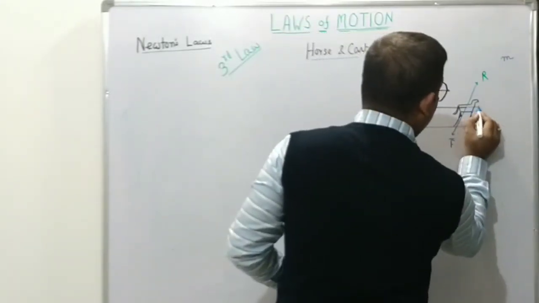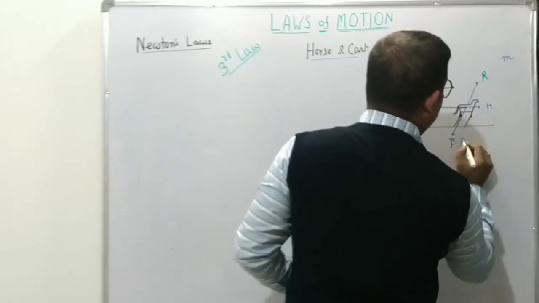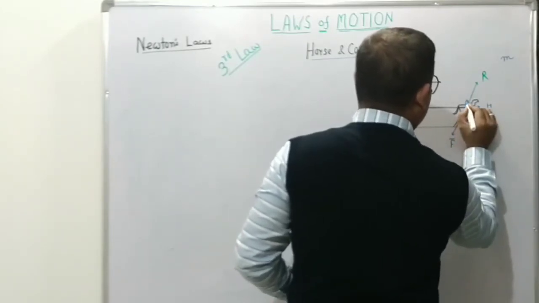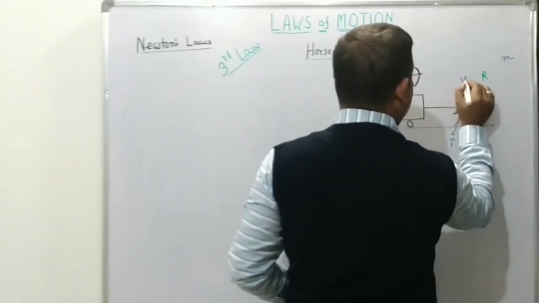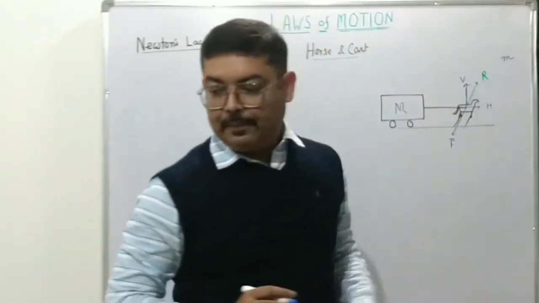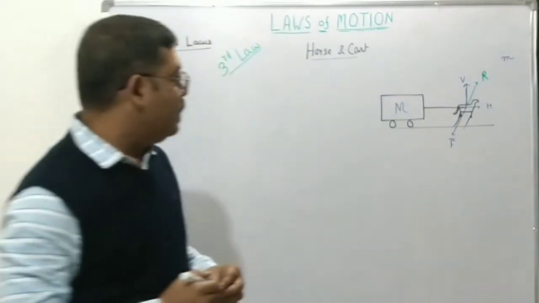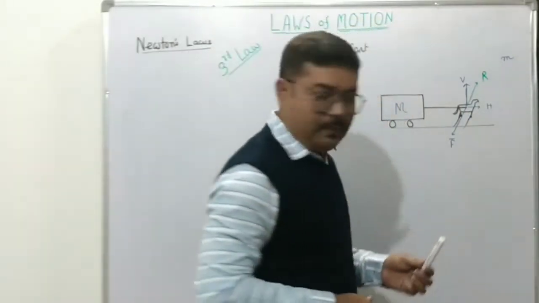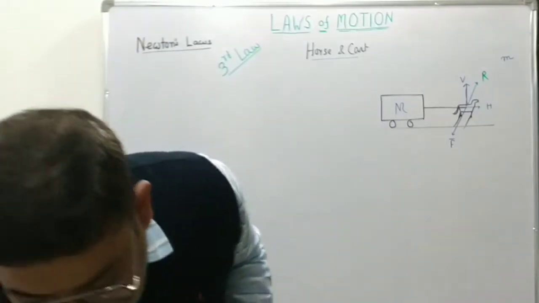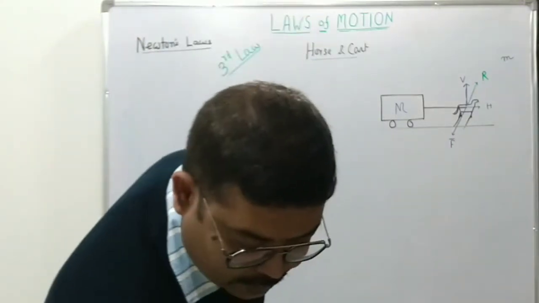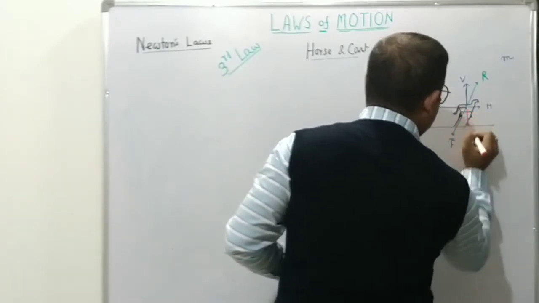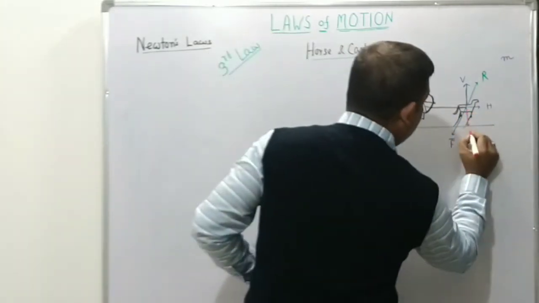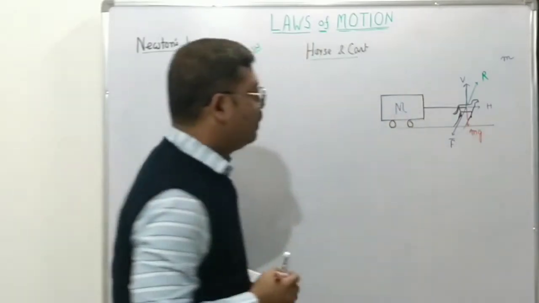One is the horizontal component and the other one is the vertical component. Let's call these H and V. Now there will also be another force on the horse in this direction, and this force is the weight of the horse, m into g.